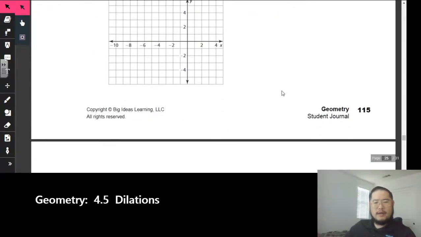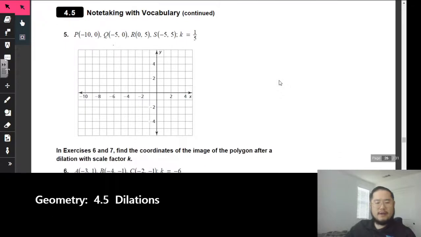All right, we can go ahead and take a look at number 5 right here. And so we're going to hopefully realize that we've got ourselves a reduction because k is 1/5. And let's take each point and multiply it by 1/5. So negative 10 times 1/5, negative 2, 0 times 1/5 is 0.